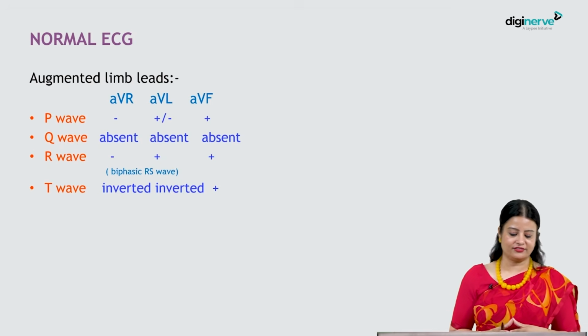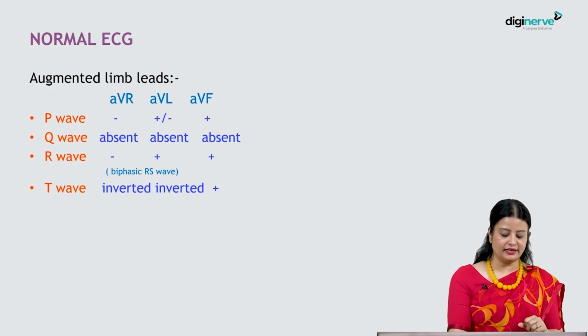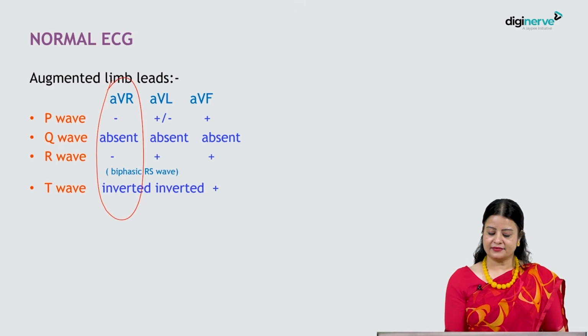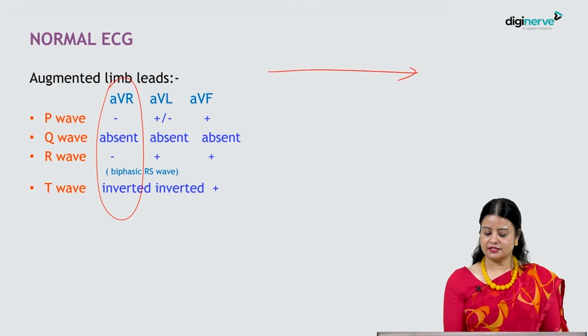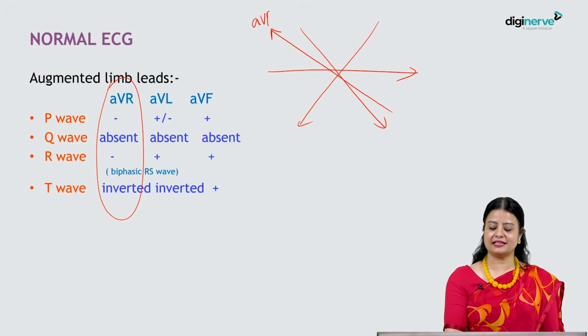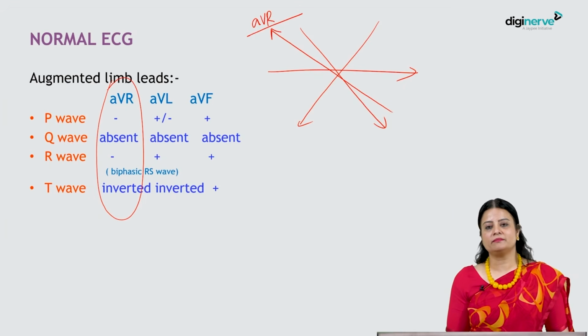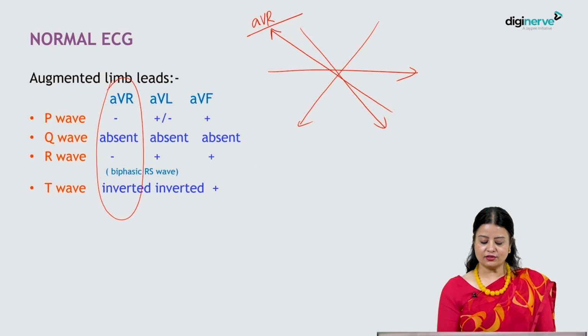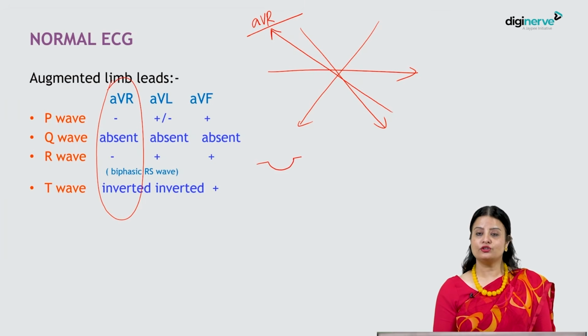So we have just seen leads 1, 2, 3, moving on to leads AVL, AVR and AVF. Now this is very beautiful here. We had seen that this was lead 1, 2, 3. The AVR was exactly opposite to the mean cardiac axis. So the AVR lead is recorded with an inverted P, no Q, inverted R and an inverted T wave.